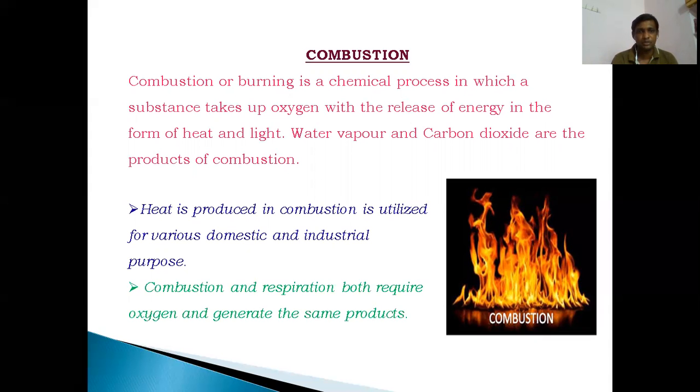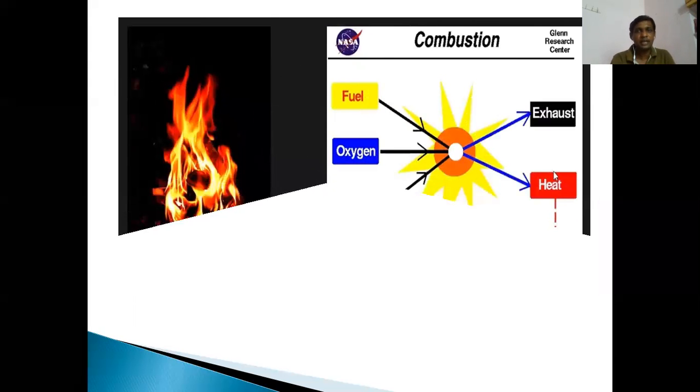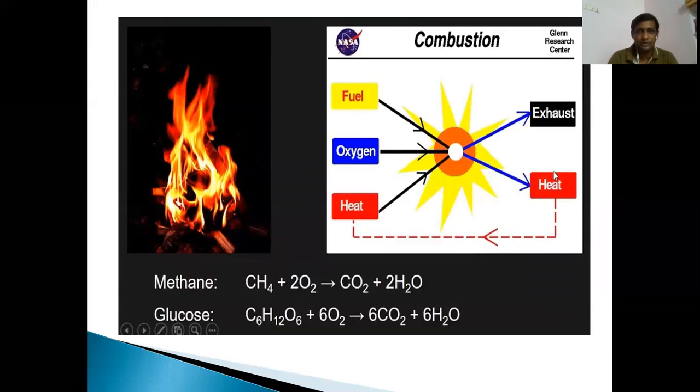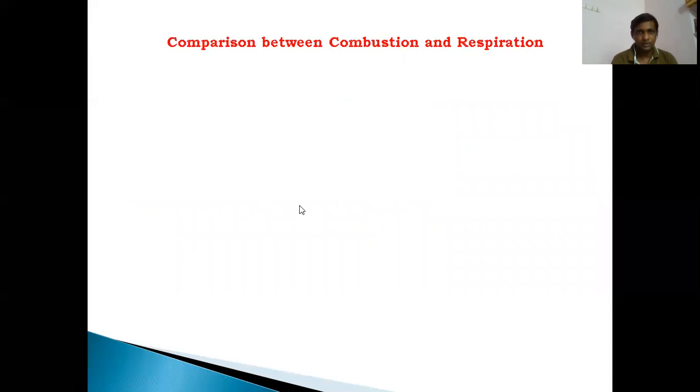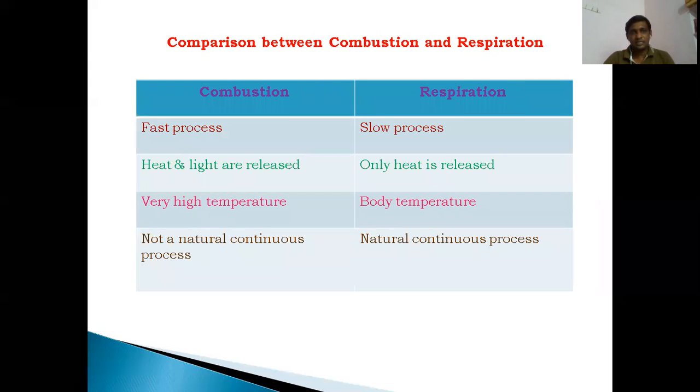Combustion and respiration both require oxygen and generate the same products. That means they take in oxygen and give out carbon dioxide. Now the comparison of combustion and respiration. Combustion is a fast process, whereas respiration is a slow process.